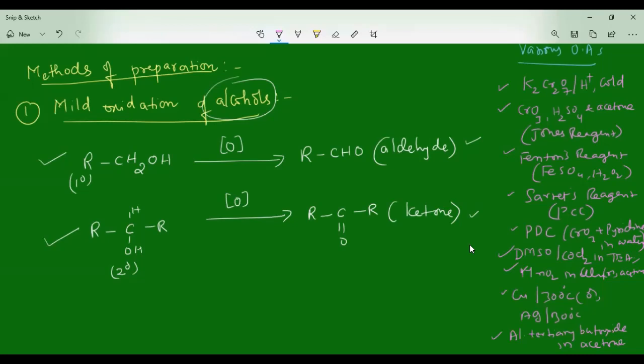This is the list of important oxidizing agents, also called mild oxidizing agents, which convert alcohols into carbonyl compounds. These are important reagents.